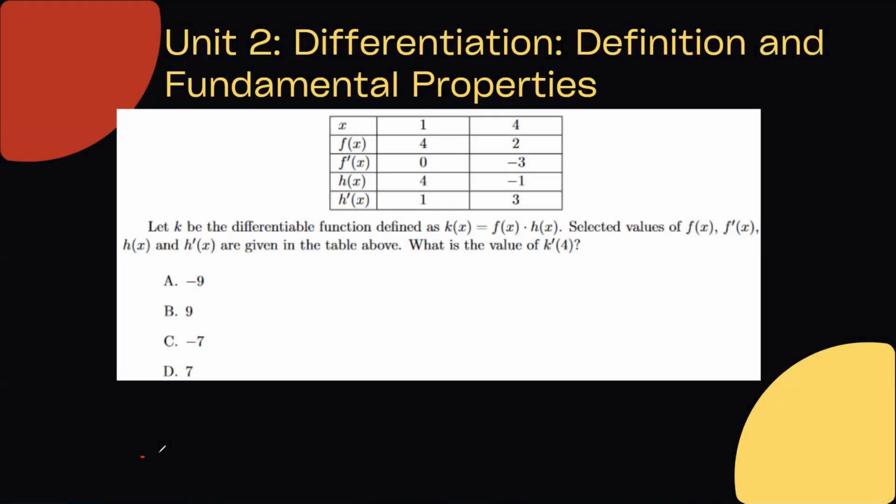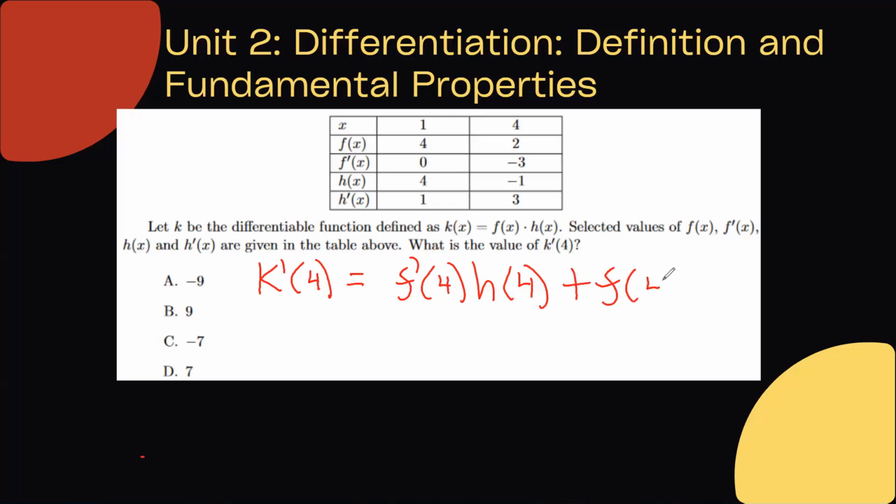Let k be the differentiable function defined as k equals f times h. Selected values of f prime, h, and h prime are given in the table. What is the value of k prime of 4? So k prime of 4 would be using the product rule: derivative of the first times the second plus the first times the derivative of the second.